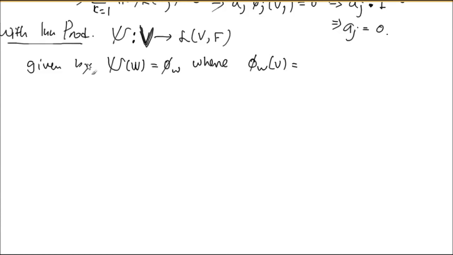Okay. A vector W is mapped to the linear transformation phi_W, just a notation. So I have to explain what that phi_W is. If I plug in a vector, if it is coming from here, right? Right there. If I plug in V, how do you evaluate it? The answer is do the inner product with W. So if you see W down there, V up there, how do you evaluate this linear transformation?